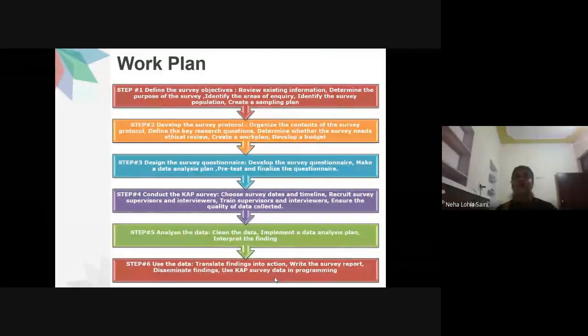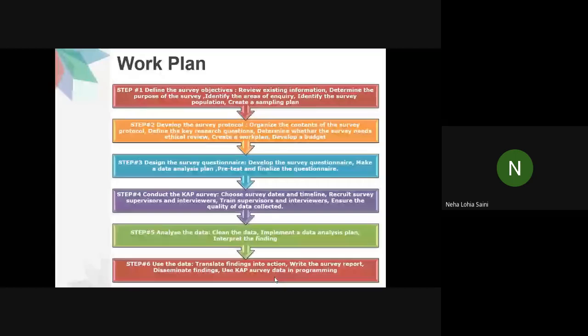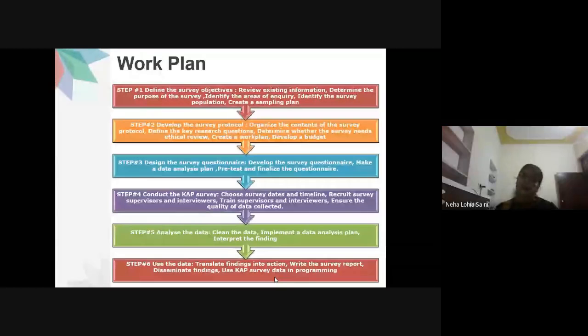I hope you all remember last time I told you, if you have humans as your subjects, irrespective of whether you are taking their blood samples or pricking them, you have to have ethics committee approval. So you have to determine whether the survey needs ethical approval. Yes, you have to have ethics committee approval. But nowadays, if you have an animal study also, ethics committee approval is mandatory.